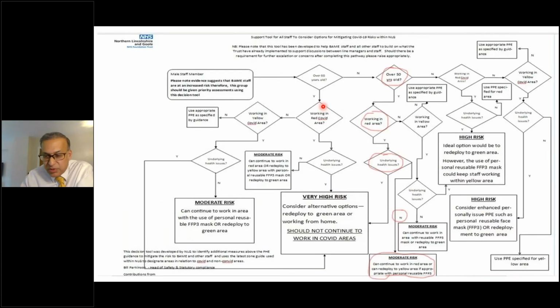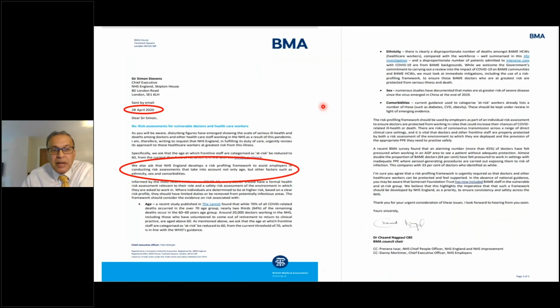This is just one of the flowcharts from the tool that we developed at Northern Lincolnshire and Goole NHS Foundation Trust, and this was implemented at the end of April, early May, and probably we were the first trust in the NHS to do that.